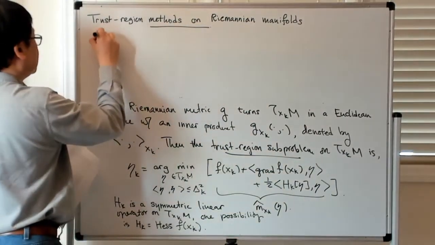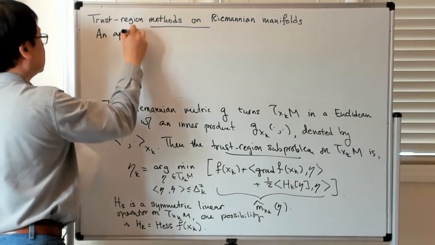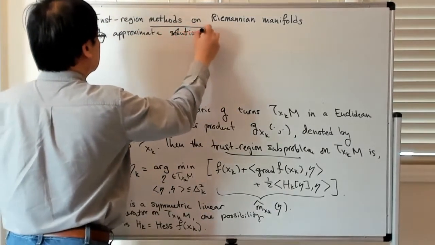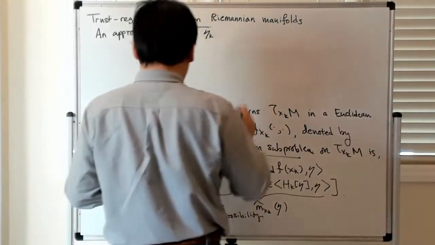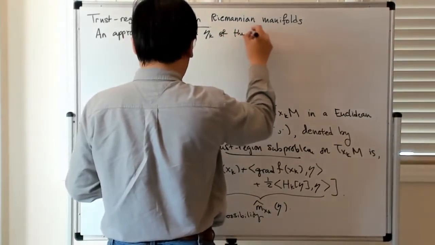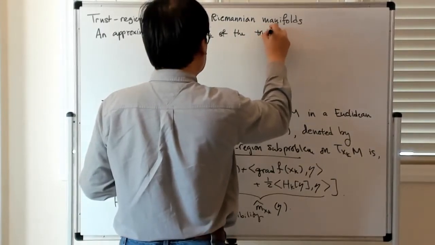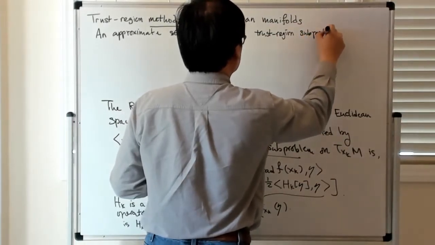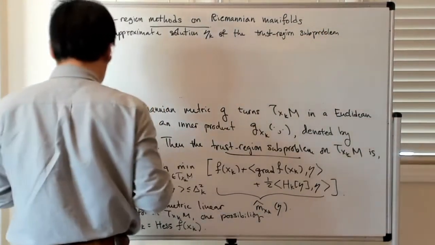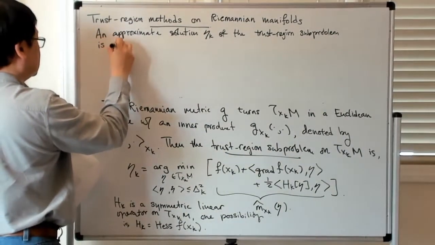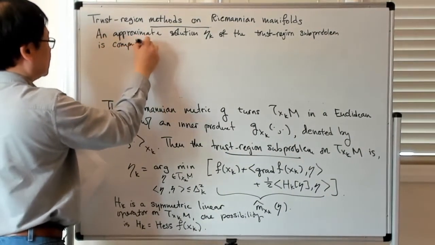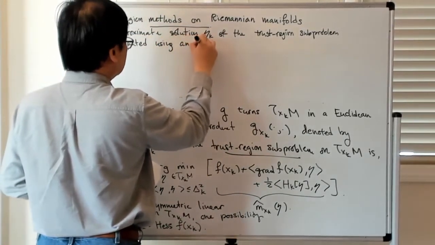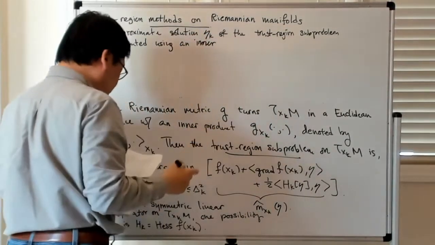So an approximate solution eta k of the trust region subproblem is computed using some sort of inner iteration.